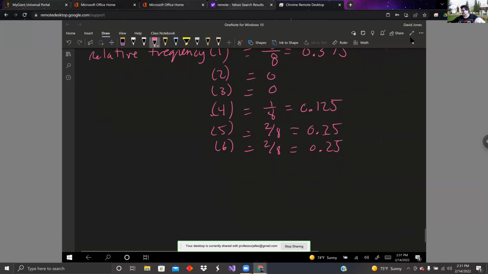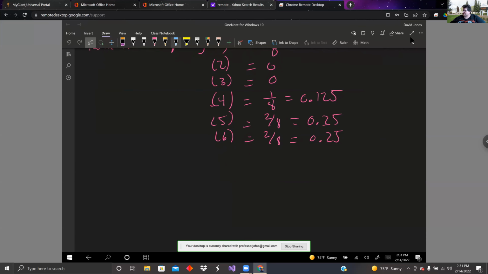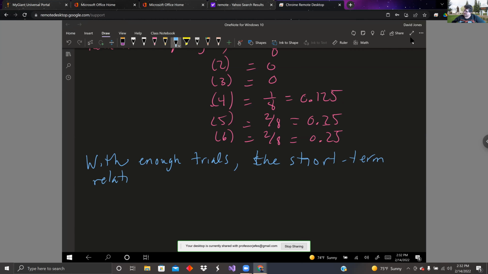The way they're connected is with enough trials, the short-term relative frequency approaches the long-term probability.